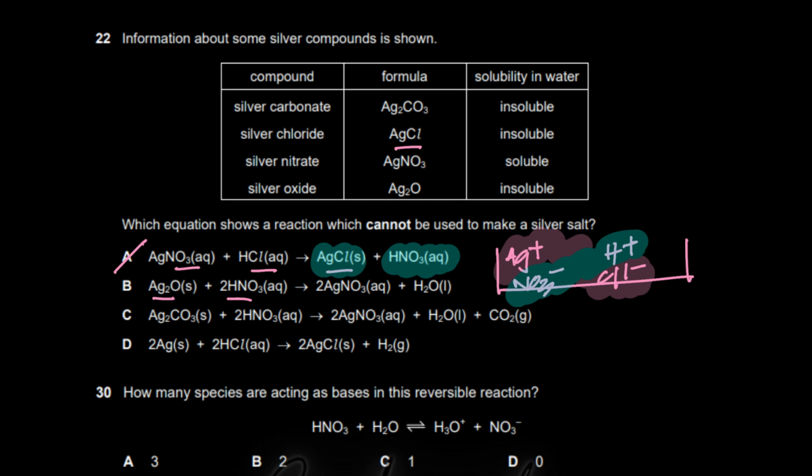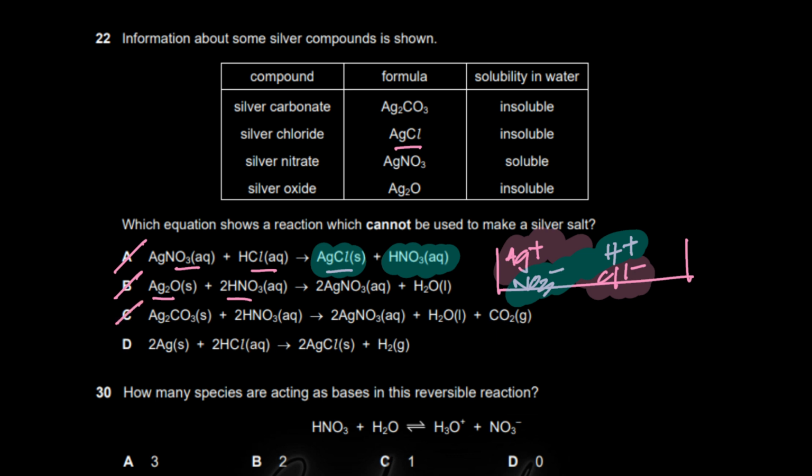Similarly, silver carbonate is a metal carbonate, and when a metal carbonate reacts with an acid, it forms a salt, obviously silver nitrate. The hydrogen in the acid and the oxygen in the carbonate give H2O, and the carbon and the oxygens in the carbonate give carbon dioxide. So that's obviously a correct way of making it.